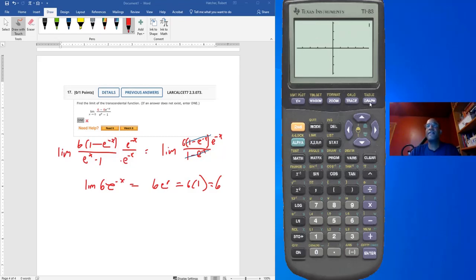And if I graph that, my window won't show it, so I'm going to pause that and change my zoom to zoom standard so we can see it. It'll take this one a while because this virtual calculator has a hard time evaluating things. Let me change the window a little bit so we can see it.